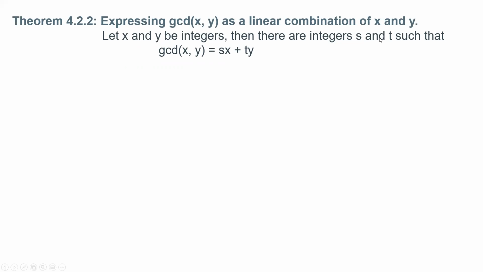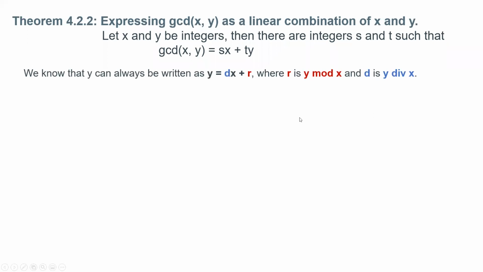So if I start out with two large numbers, x and y, I need to not only be able to find that GCD, but be able to find some numbers s and t, so that I can write that GCD as some number times one of my original numbers, plus some other number times the other original number. So that's where the rest of the algorithm comes in. We need to learn how to do this. Okay, that's what we're going to learn now.